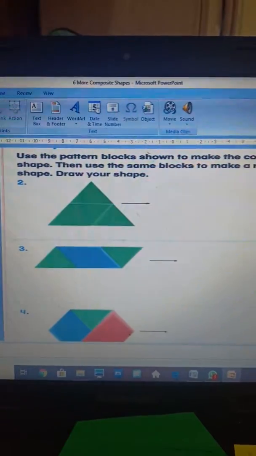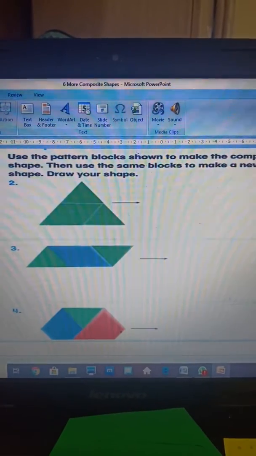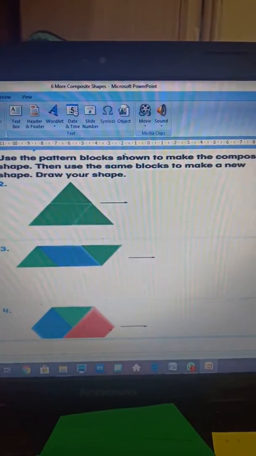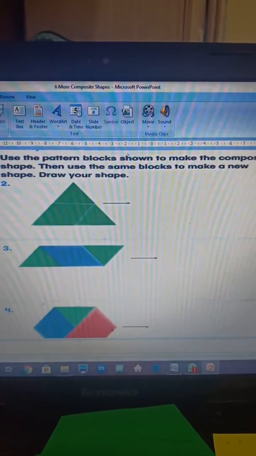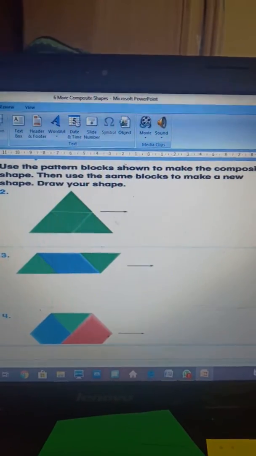What we're going to do is use the pattern blocks shown to make a composite shape. We will use the same blocks to make a new shape. So what will the shape be? For number 2, we have 4 triangles, and we will make them into another shape.